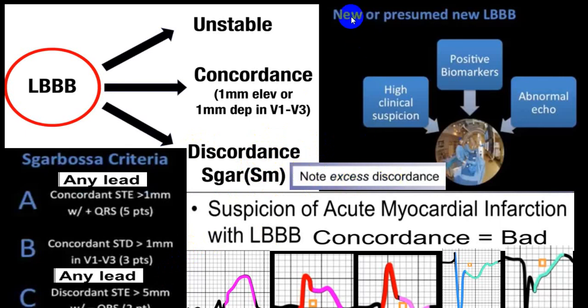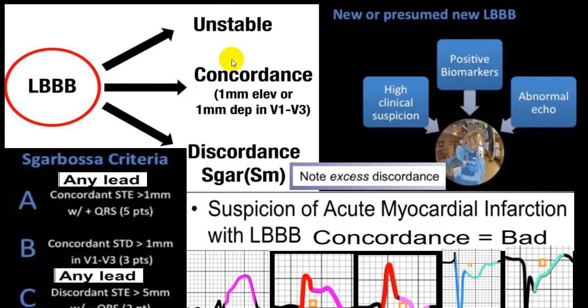Now along with that, LBBB, if there is a high clinical suspicion, a positive troponin, and an abnormal echo, these are additional points which suggest that there is an acute MI in the presence of left bundle branch block.